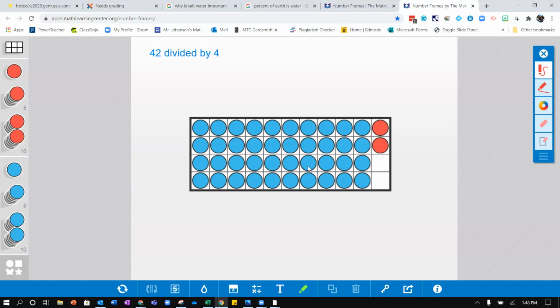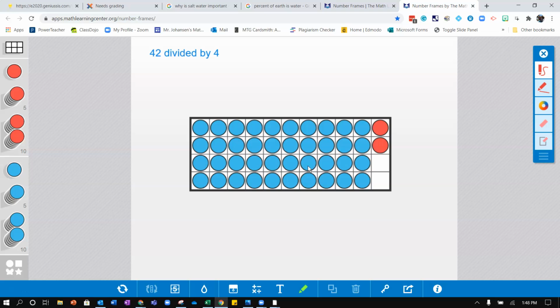We've got 42 frogs. Now, we're going to build an aquarium out of this, and we're going to have the frogs sitting on lily pads. So, each lily pad can hold 4 frogs. How many lily pads do I need so that every frog can be on a lily pad?